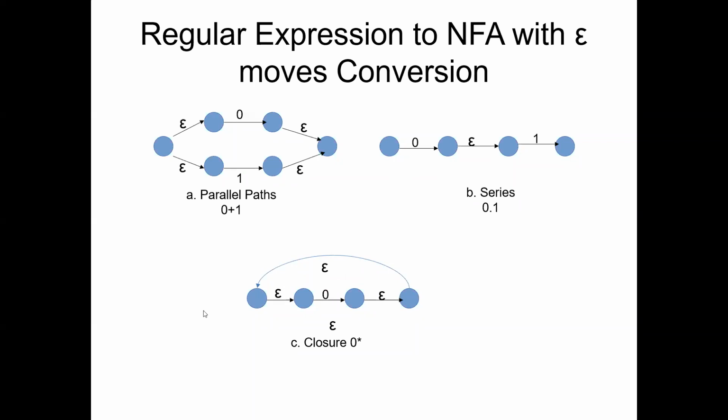There will be one more state here and one more state here, and you can show this bypass arrow like this, for the occurrence of zero number of times. This way you can convert your regular expression to NFA.